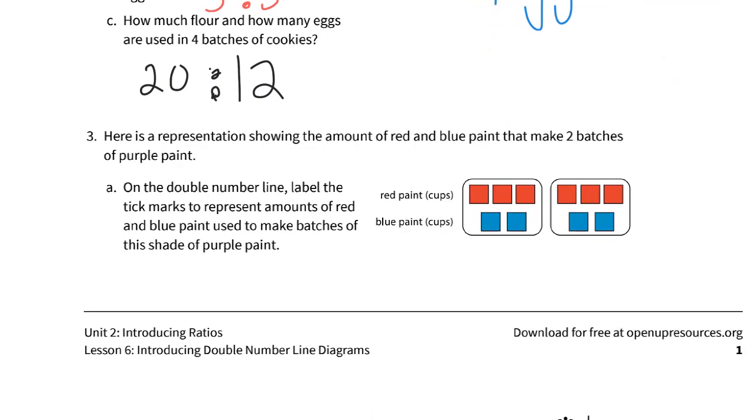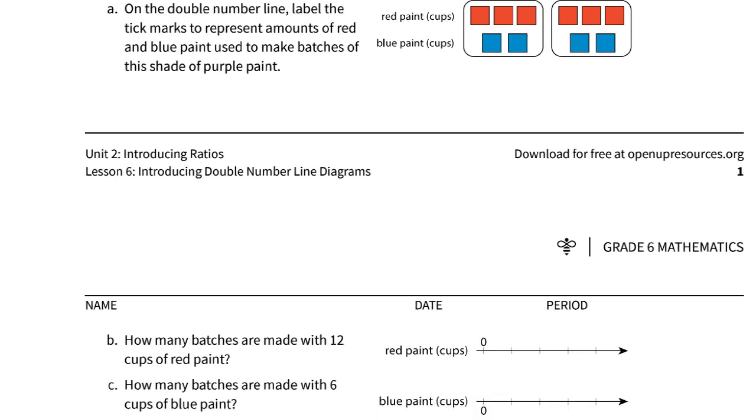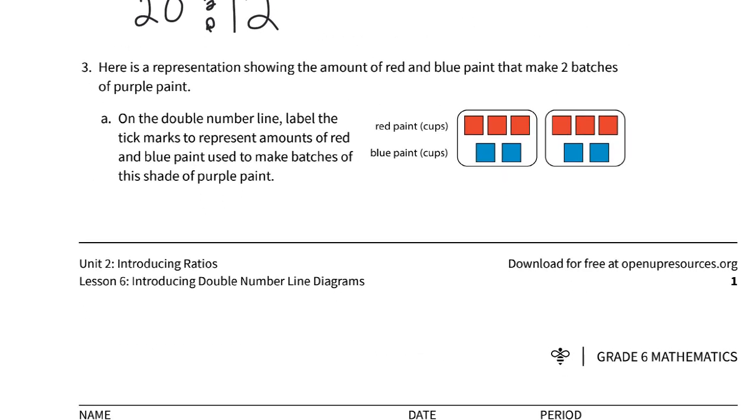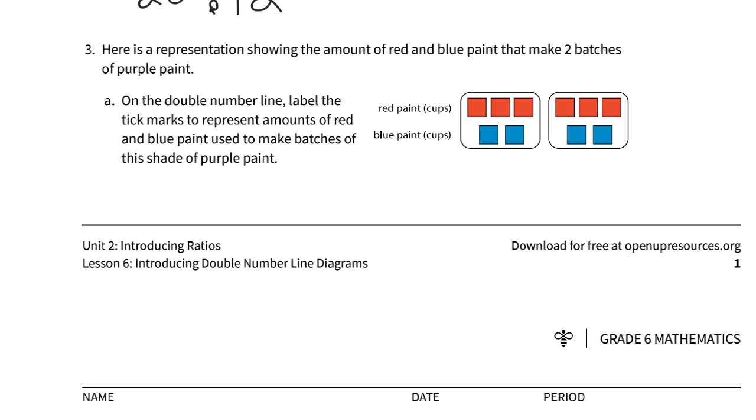All right. Number 3. And then B, and there's an A up there, and then a B and a C down here. All right, so here is a representation showing the amount of red and blue paint needed. And ultimately, they're telling us this is making 2 batches of purple paint.